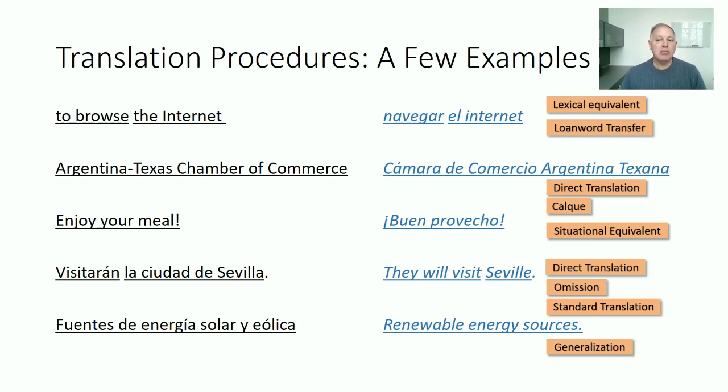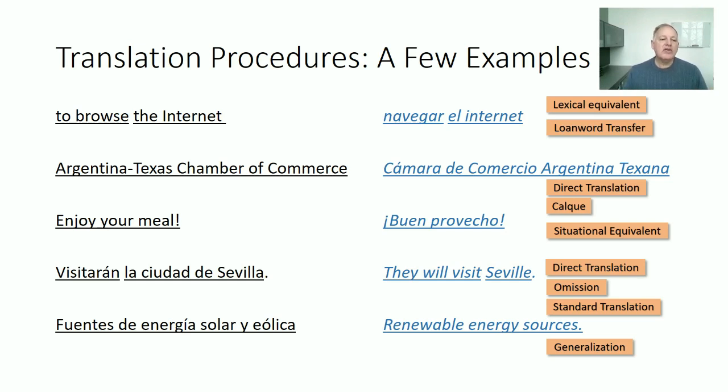That loan word is being borrowed and used wholesale in Spanish, maybe with some phonetic or phonological adaptation. Instead of saying navegar el internet, I might say it pronounced more in accordance with Spanish sounds. But also I have the label lexical equivalent because navegar is the standard accepted translation, the lexical equivalent in this sense of to browse the internet.